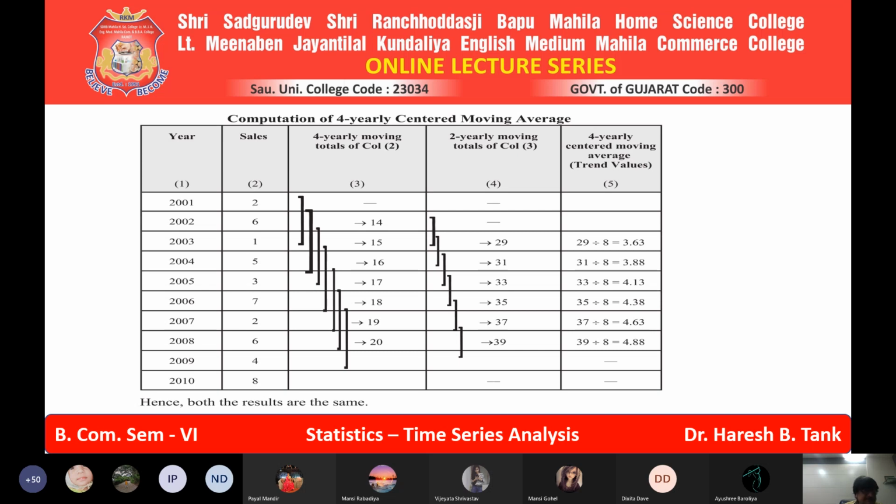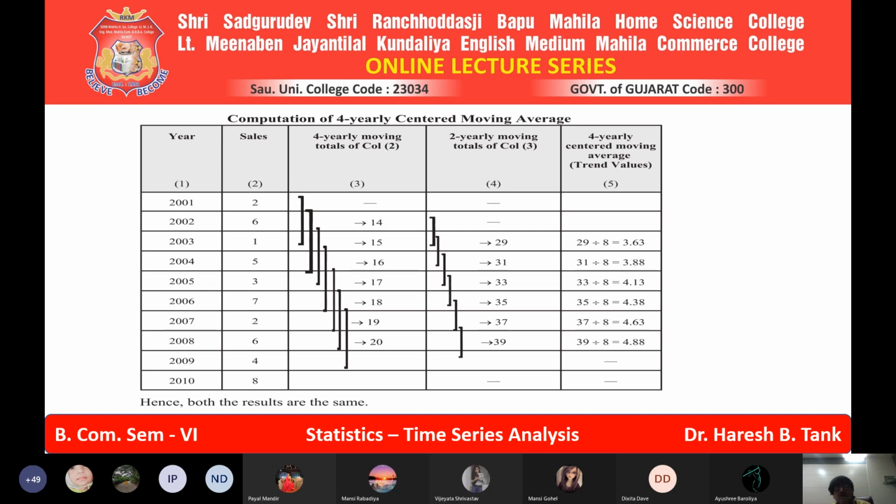Any logic? Divided by 8. The weights total is 1, 2, 2 and 1. The total is 8, so the weights you have total 8.